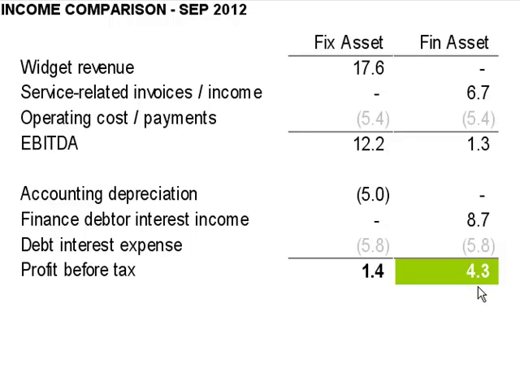You can see I've highlighted the 4.3 versus the 1.4. And essentially what's going on is if you take a look at the two booked income components above and below EBITDA, adding up to $15.4 million, they are 2.2 million below the 17.6.